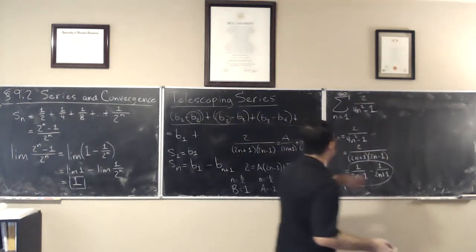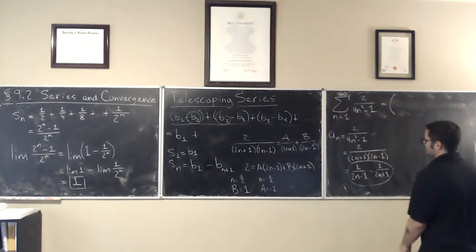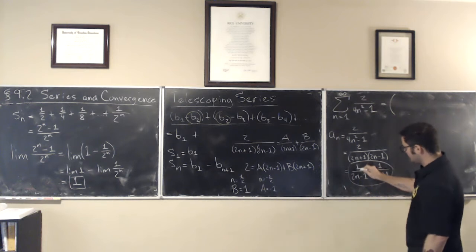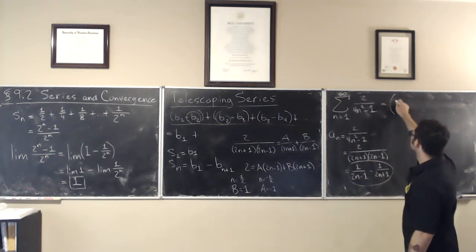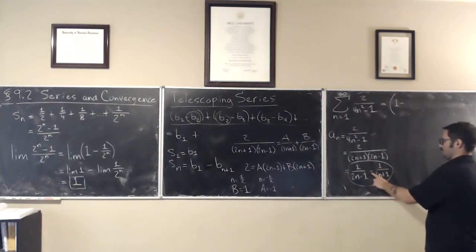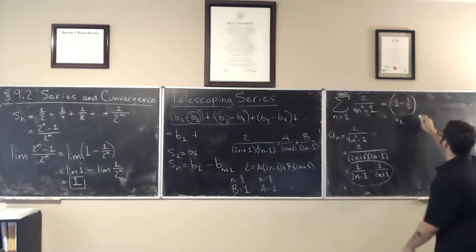Well, let's just see what happens. So when n is equal to 1, what do we have? 1 over 2 times 1 minus 1, so 1 minus 1/3. So this is like A1 right there. Plus A2.